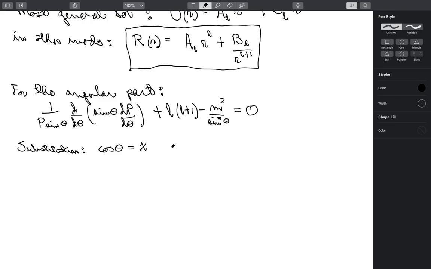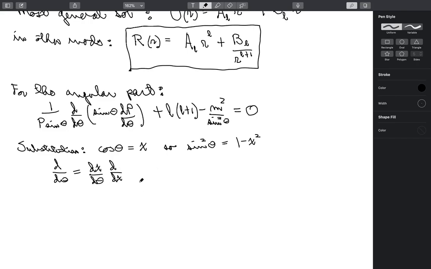So what does that mean? Well, in particular, the sine squared is just now going to be 1 minus x squared. If you look at the derivatives, if you take a derivative with respect to theta, because theta now is a function of x, you can just use the chain rule.